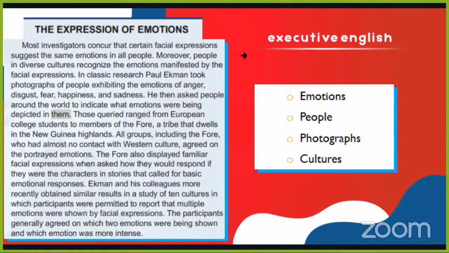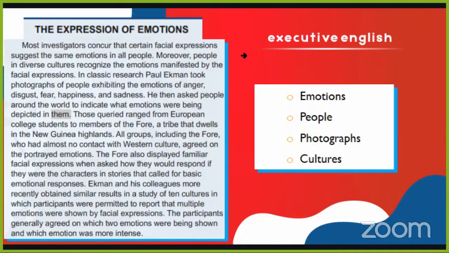Those queried ranged from European college students to members of the Fore, a tribe that dwelled in the New Guinea highlands. All groups, including the Fore, who had almost no contact with Western culture, agreed on the portrayed emotions. The Fore also display familiar facial expressions when asked how they would respond if they were the characters in a story that called for a basic emotion response.